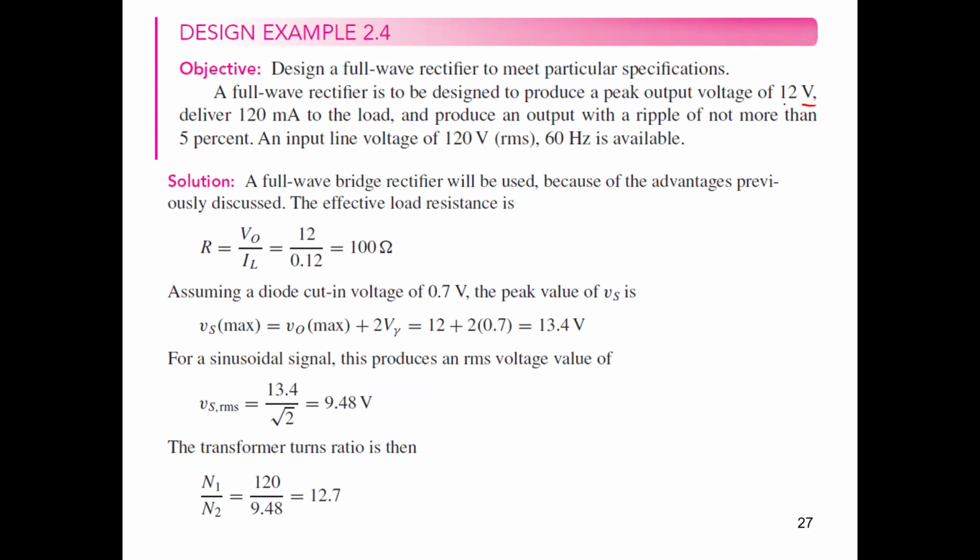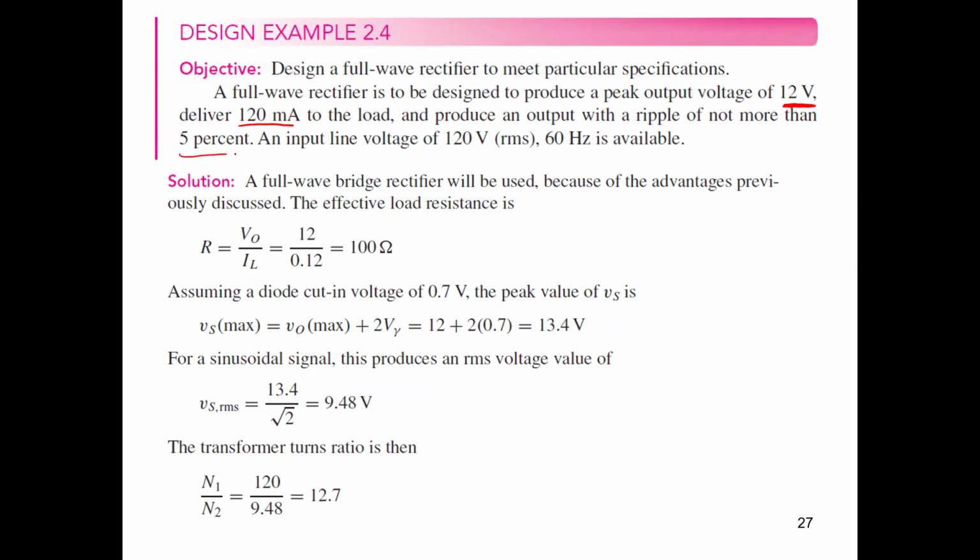So the output volt is required to be 12 volts. And deliver 120 milliampere to the load. So this is the current needed, and this is the voltage needed from our rectifier. And produce an output with a ripple of not more than 5%.